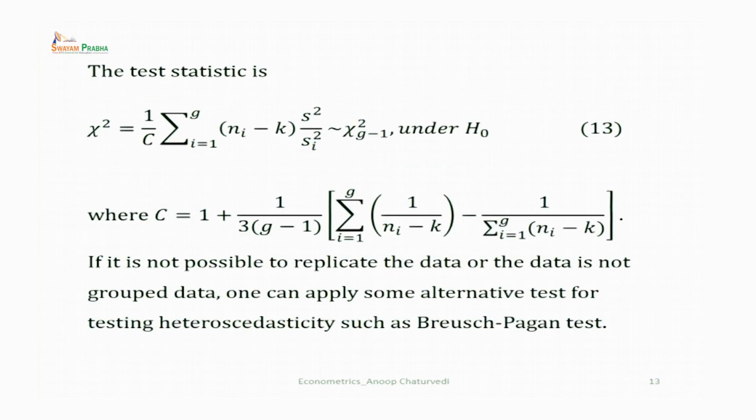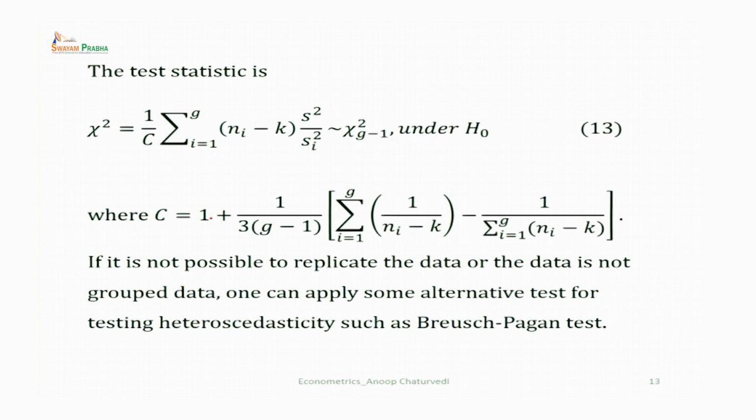Once we calculate S square, the test statistic is chi square equal to 1 upon capital C, summation i equal to 1 to g, ni minus k, S square upon si square, and this follows a chi square distribution with g minus 1 degrees of freedom under H naught.